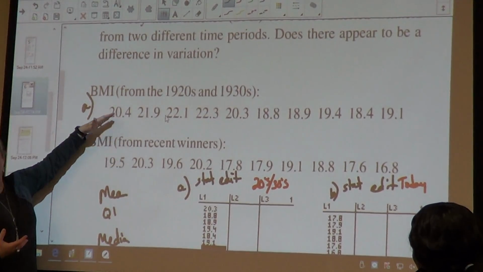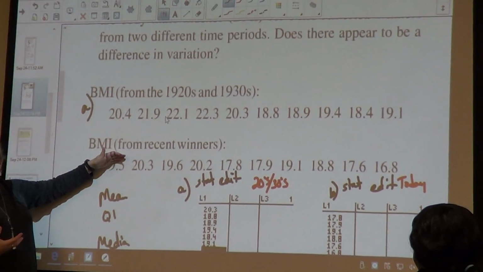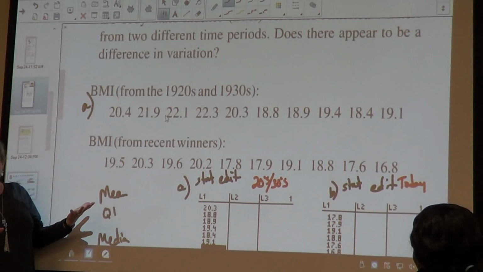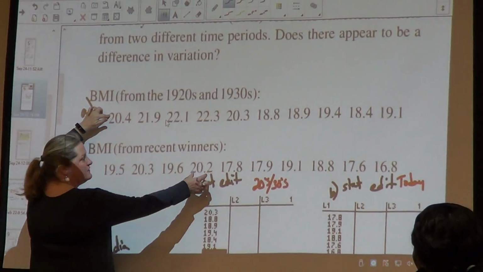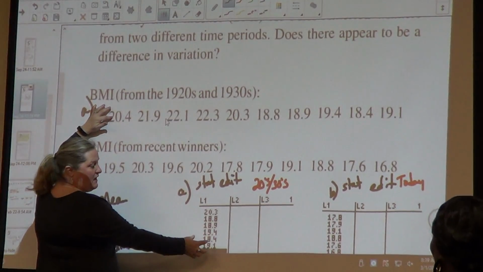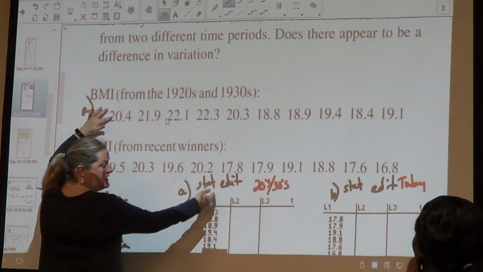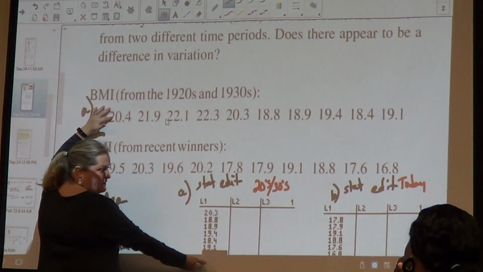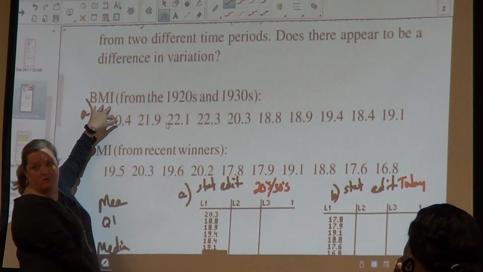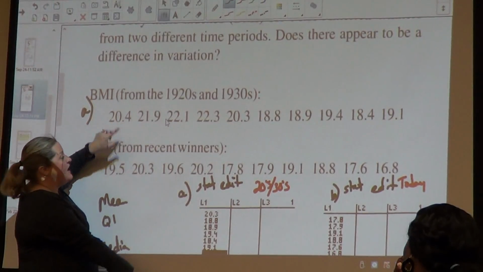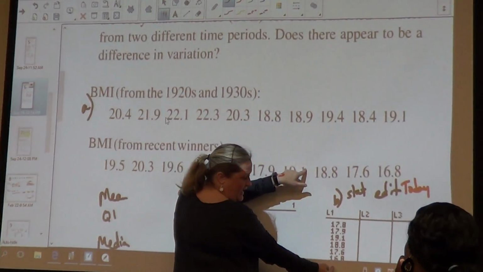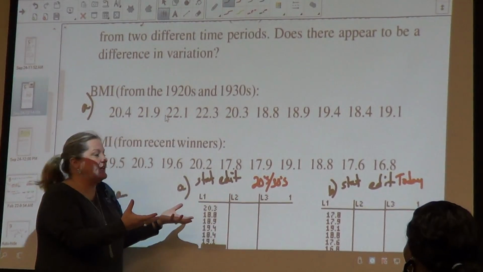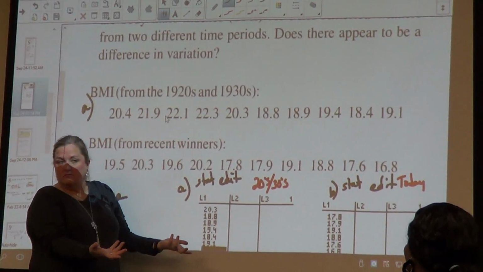So we have 2 different sets of data. Now, you can do it one of 2 ways. The way I did it is, for part A, I went into my calculator and did stat edit, typed in my data, and then I did stat calc and wrote out all those answers. And then I went in and did stat edit, typed in all my data for that, and then did stat calc, and I ran it like 2 separate problems.